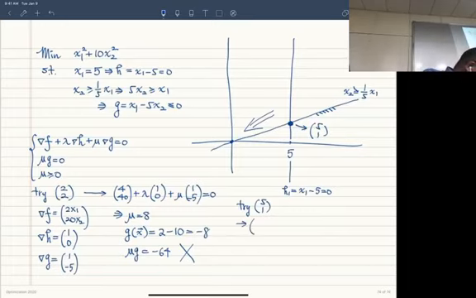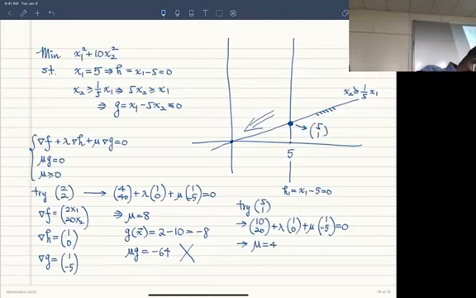When I evaluate the gradient, I have 10 and 20 plus lambda times 1 and 0 plus mu times 1 and negative 5. This needs to be 0. So in this case, quickly, I know mu is 4. And how about my g? I plug in 5, 5 minus 5 is 0.